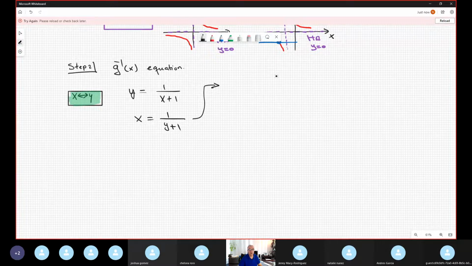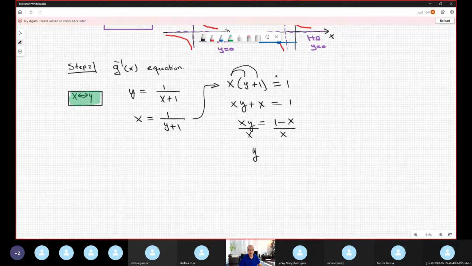Why not apply cross multiplication: x times (y + 1) equals 1. You distribute here, xy + x = 1. For example, move x to the other side, 1 - x, and finally divide by x. y alone is (1 - x) over x.